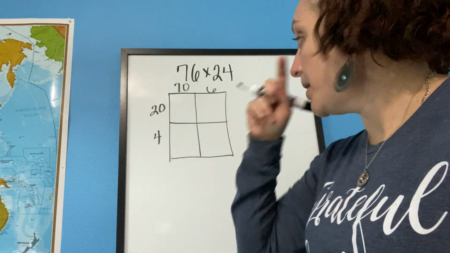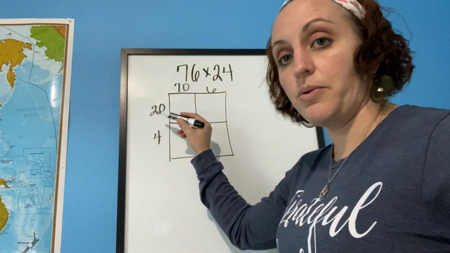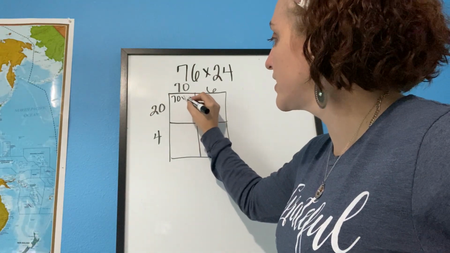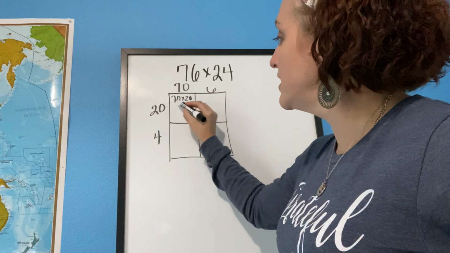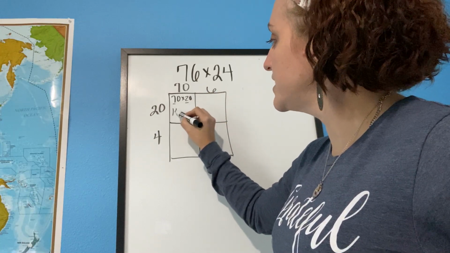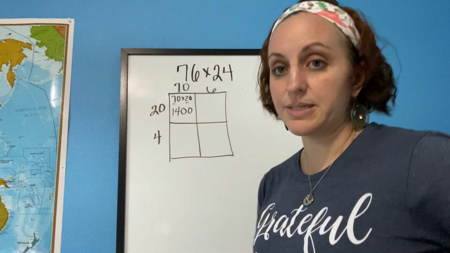For my first partial product, I'm going to multiply what's on the top by what's on the side: 70 times 20. 7 times 2, I start there, is 14, and I have 2 zeros, so I add 2 zeros.